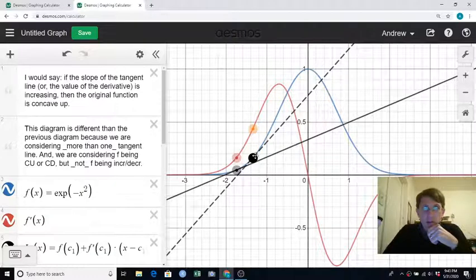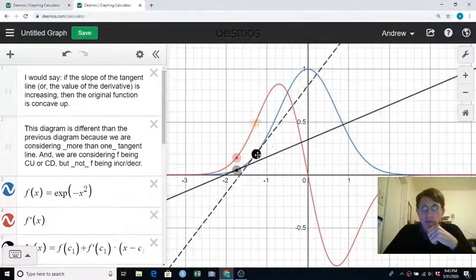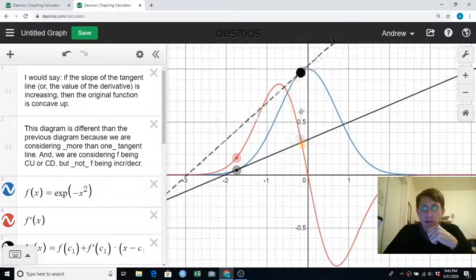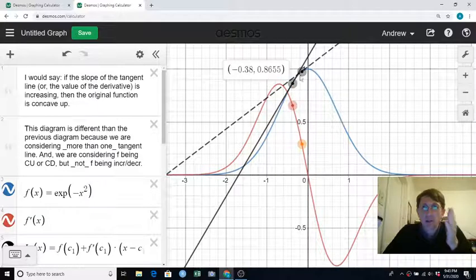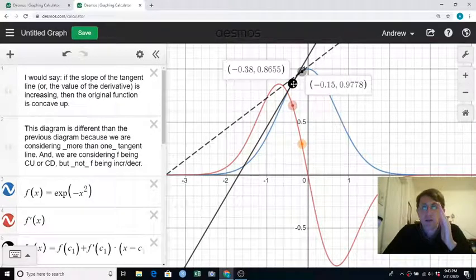So then what if we move over here? So here, from this point to that point, the slope of the tangent line gets less positive, so the slope of the tangent line is decreasing.